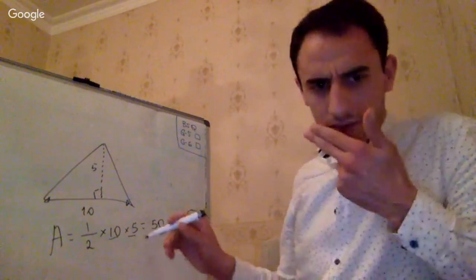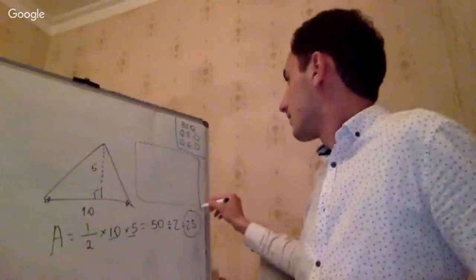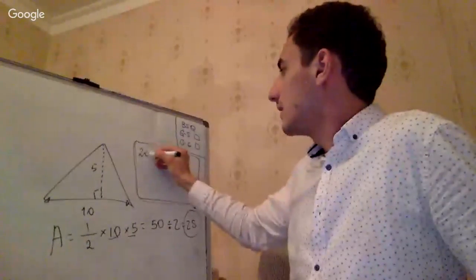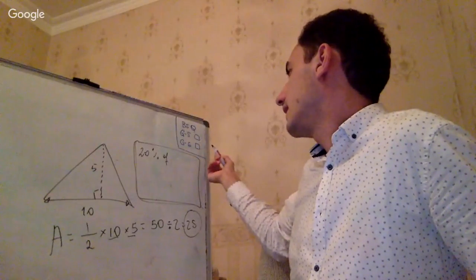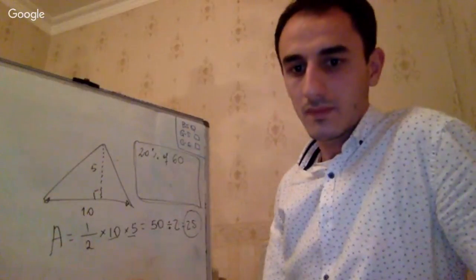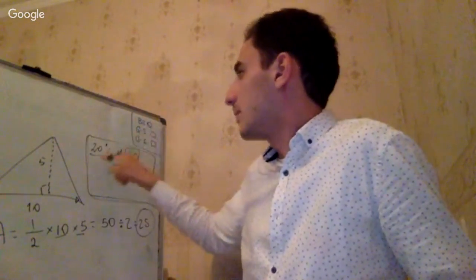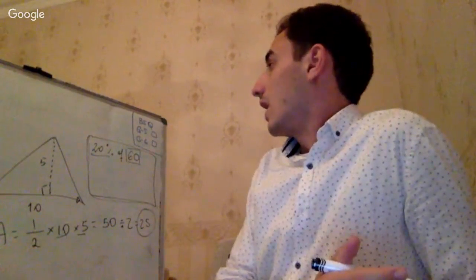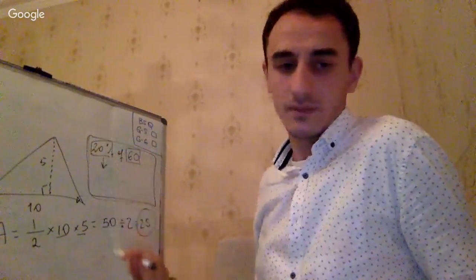Percentages of amount. Okay, Azana. Look. For example, 20% of, let's say, 60. This is the percent, this is the number, which is the amount, the percentages of amount. How to find 20% of 60? For finding the percentage of an amount, first I should convert the percentage into a fraction.